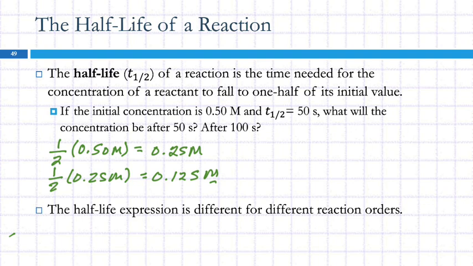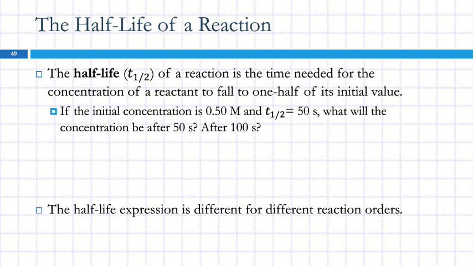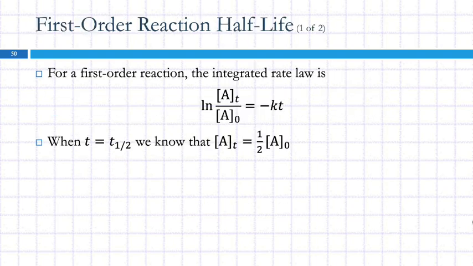The half-life expression is going to be different for different reaction orders. What we did here works with a first order reaction, but it's not going to work with 0 or second order reactions. So how do we get an equation for t1/2?